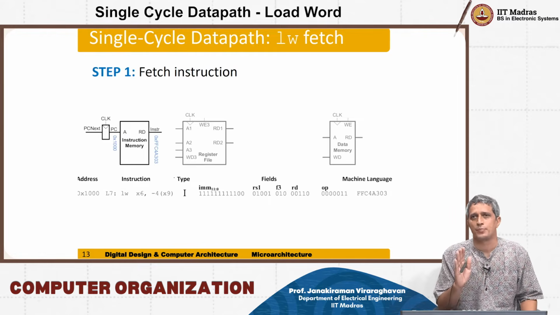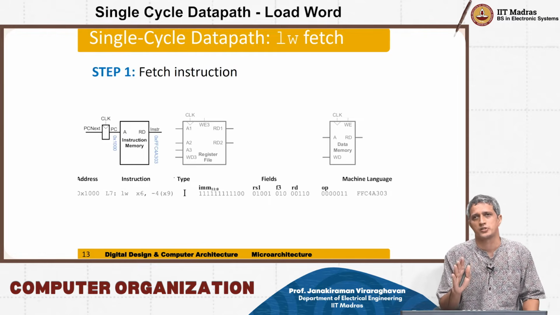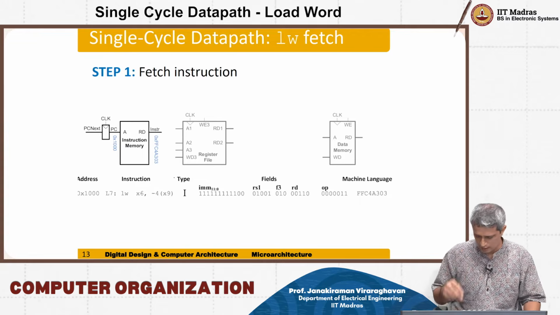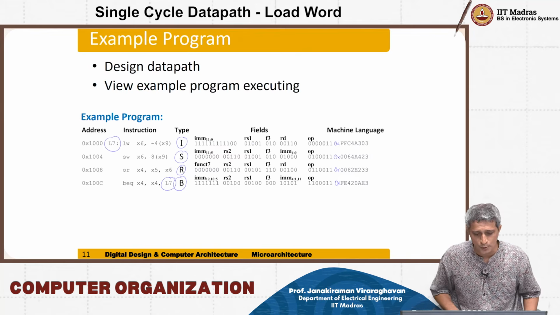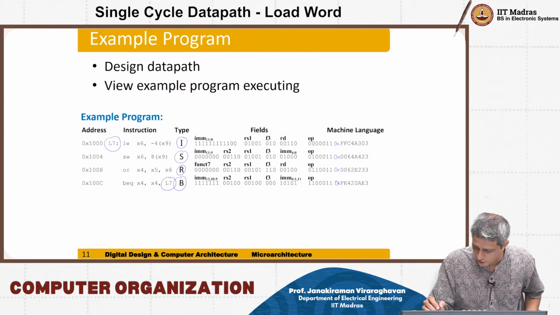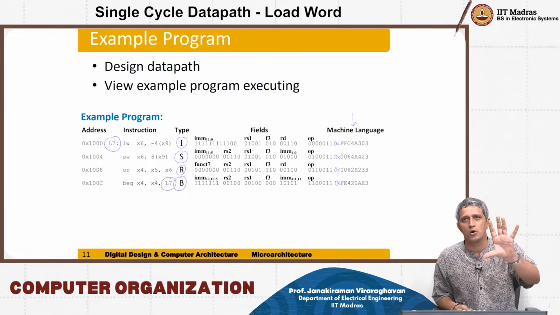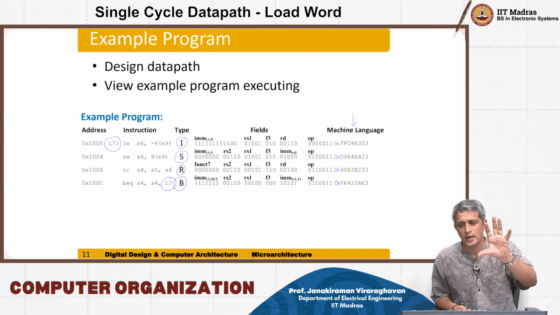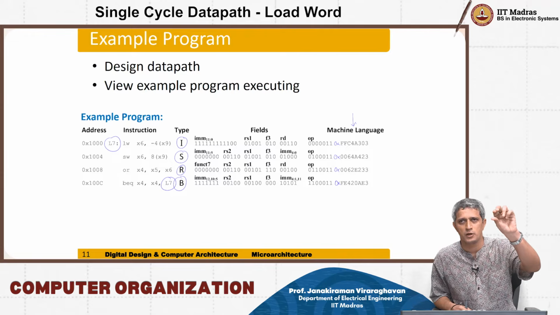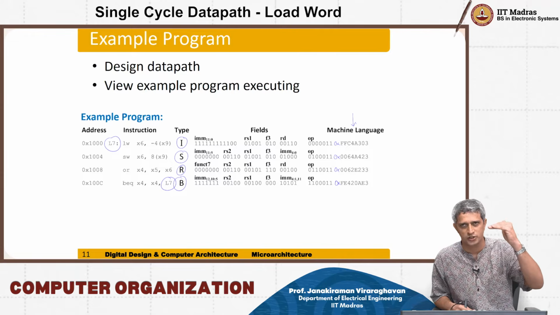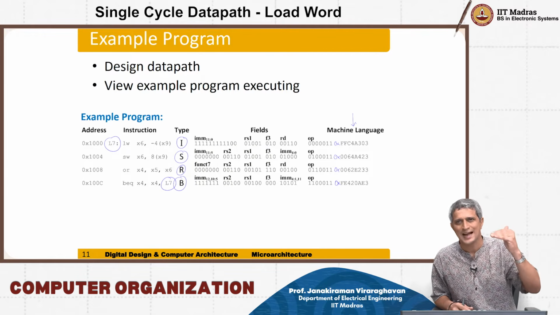So the first step in any microprocessor: remember, these instructions are sitting in your program memory. 0xFFC4A303, 32 bits. Next you have the next instruction after 4 bytes, and so on.